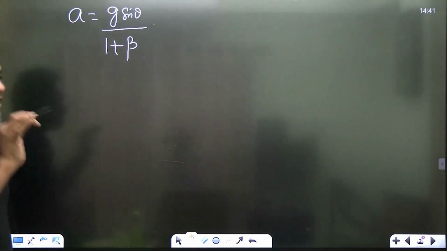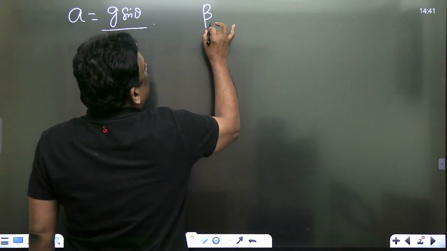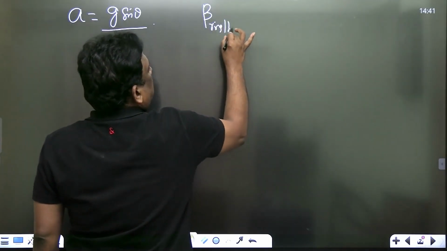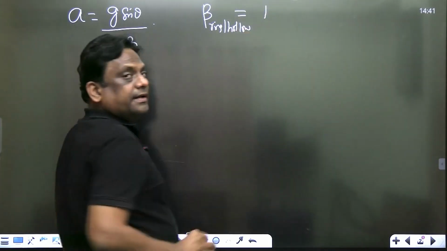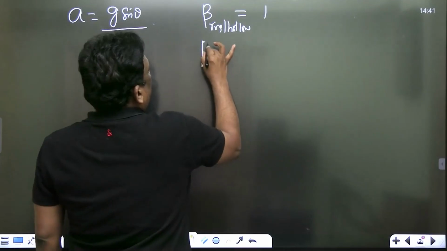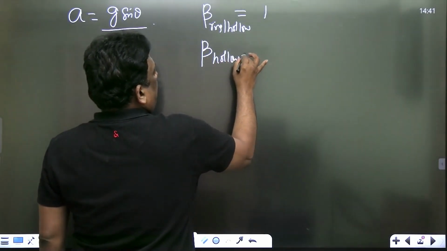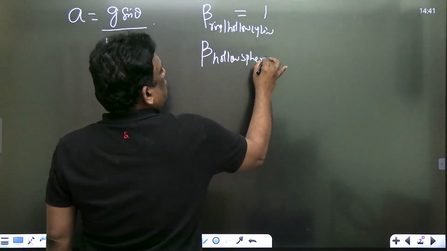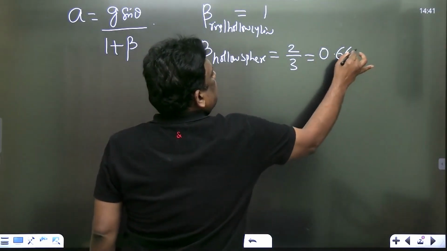Absolutely fine. Let us check once, sir. Beta for a ring and hollow cylinder is how much? 1, I think. Ring or hollow cylinder. After that, beta for hollow sphere is 2 by 3, which is 0.667.